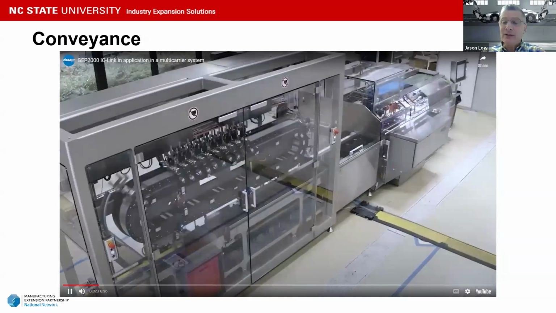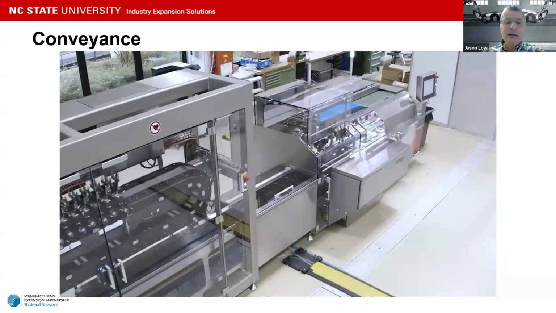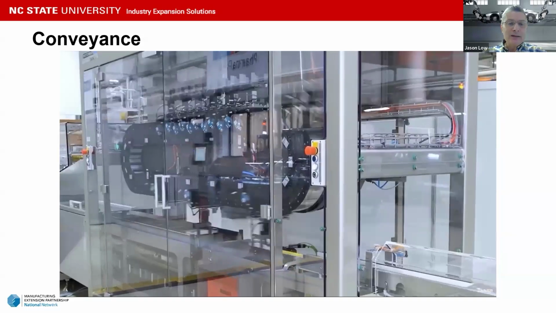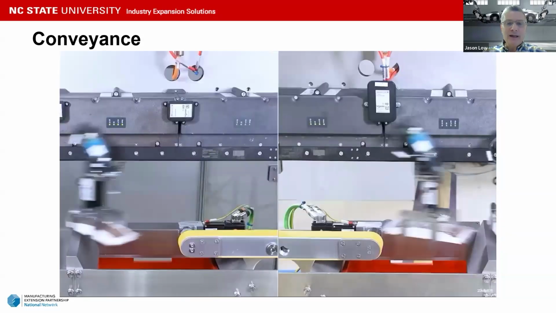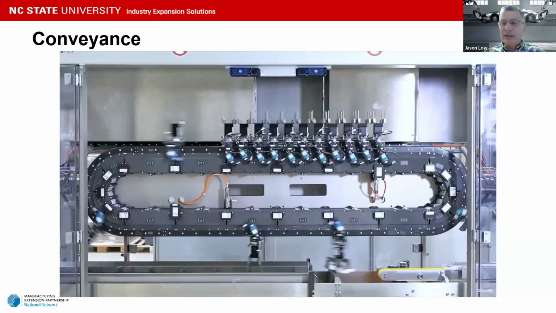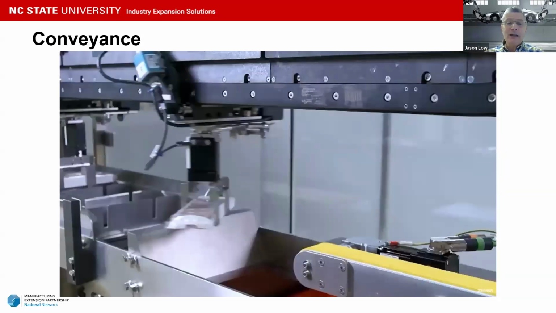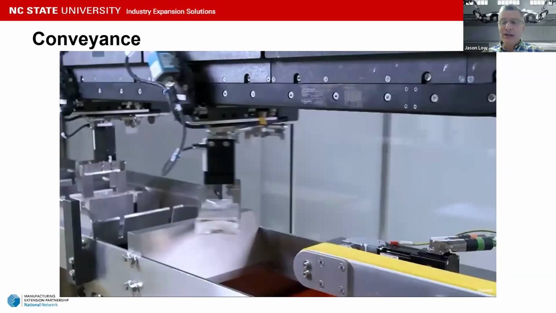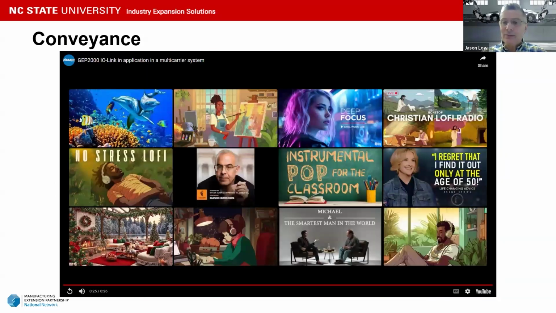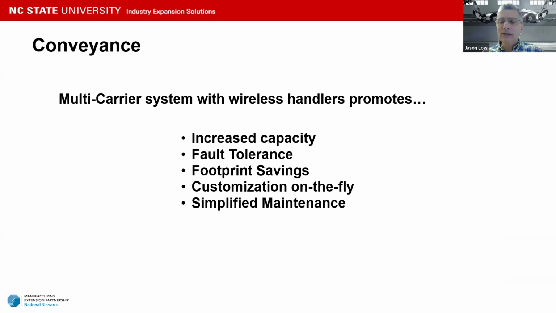It has these carriers, and these carriers have grippers on them, and those grippers are moving product from point A to point B. So as we look at this again, we see that there is a pickup, there is a reorientation, and then there's a place. And all of these handlers, as I call them, are stacking up on top of this particular type of conveyance. And what does that do for us?